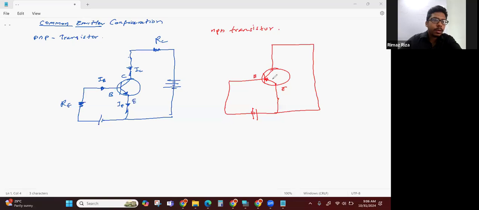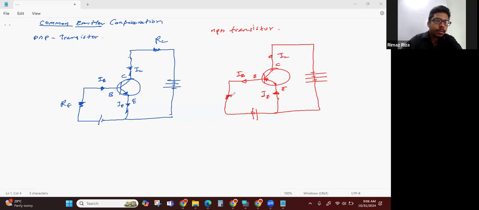So here PN, PN, so reverse bias is P, so it has the negative terminal here. And this C, and let's mark the current. Here current is this direction, so IB and IC.